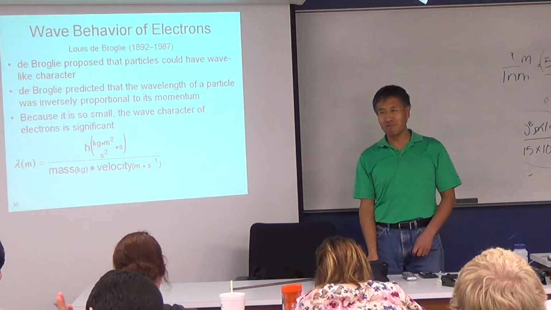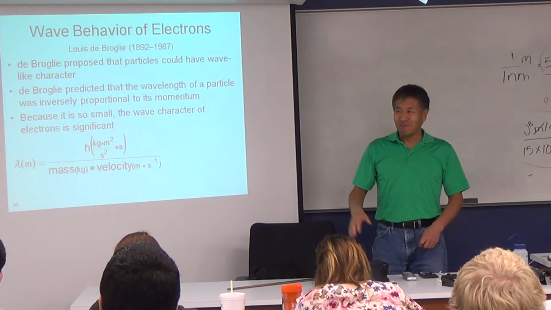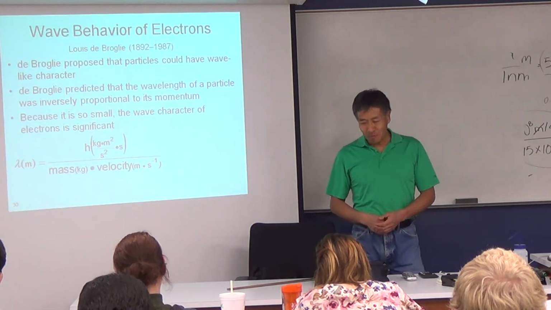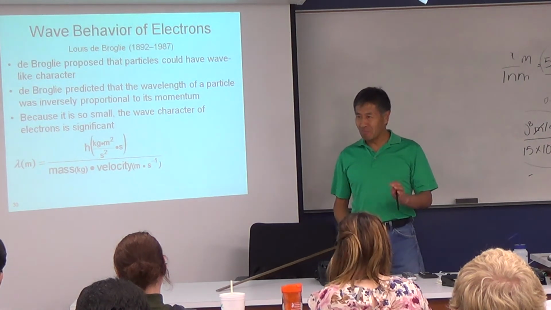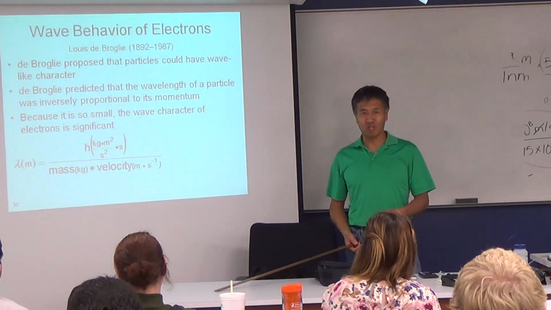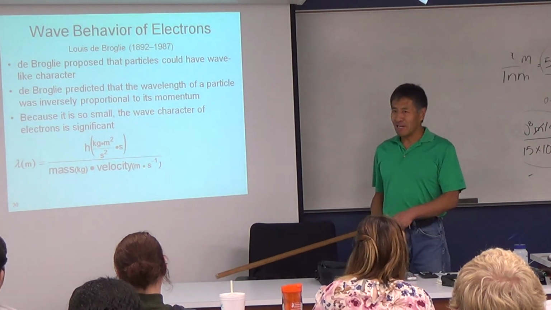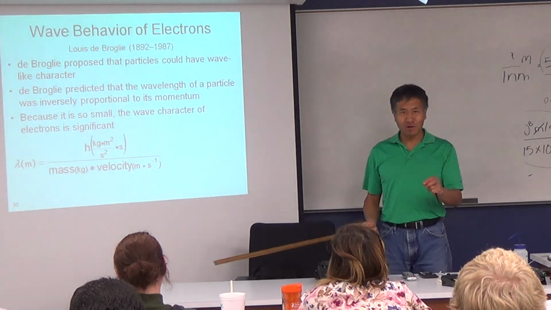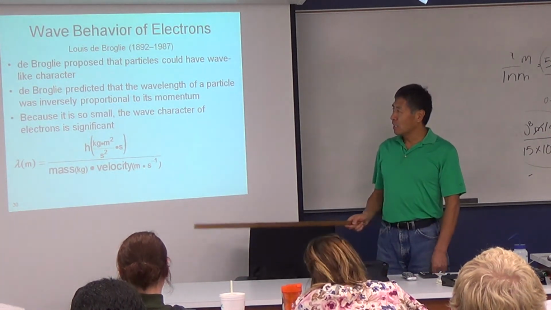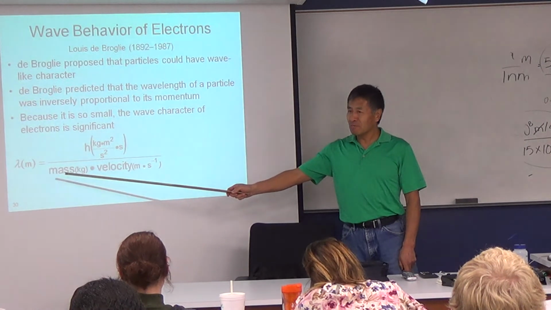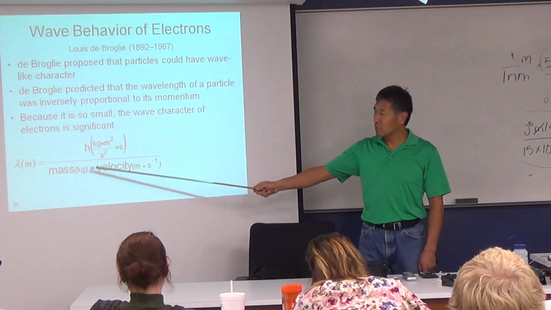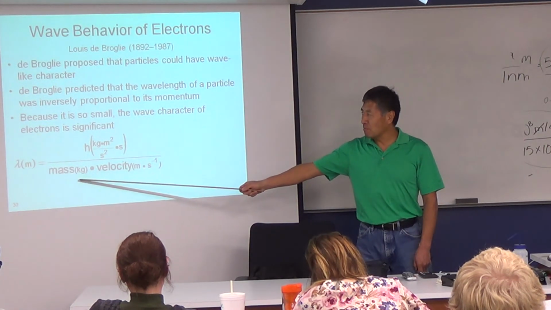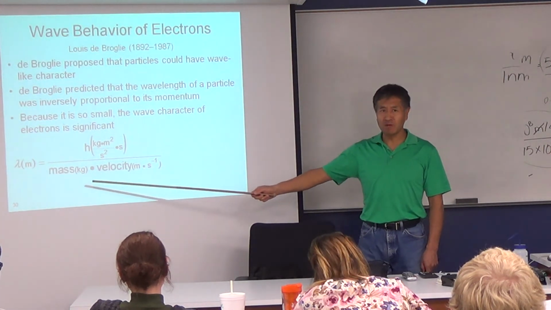How can the electron become a wave? The electron doesn't really smear out as a wave; sometimes you think of the electron's probability as a wave. So the electron is still a particle. Then you think about that wave of the electron, which has a wavelength that equals h divided by m times velocity, which is the momentum.